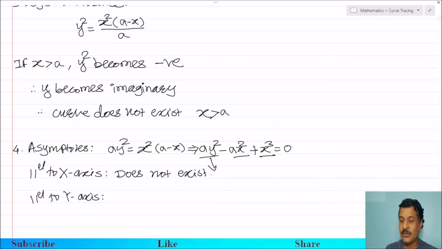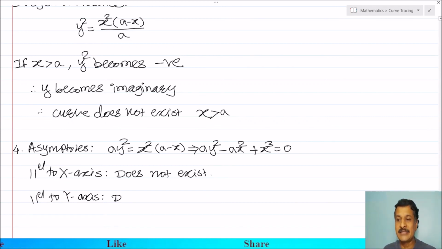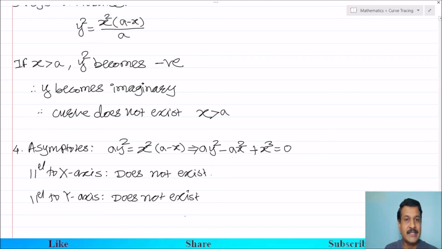So it is also not a valid answer, a equal to 0, and therefore an asymptote parallel to y-axis also does not exist. Is it necessary to find oblique asymptotes? When we have to find oblique asymptotes, powers of x as well as powers of y greater than or equal to 3, then only we have to decide whether we have to find oblique asymptotes or not.